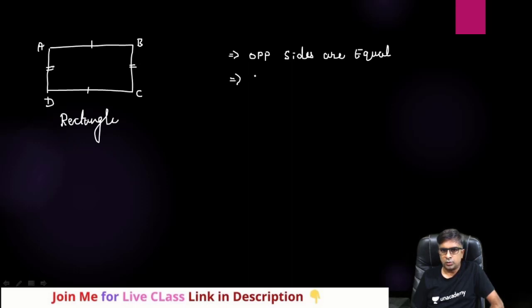Second, all angles are 90 degrees, or equal, you can say, but we will specify 90 degrees. Then what about diagonals? Diagonals will also be equal. Diagonal means the line joining opposite vertices. These two diagonals will be equal.